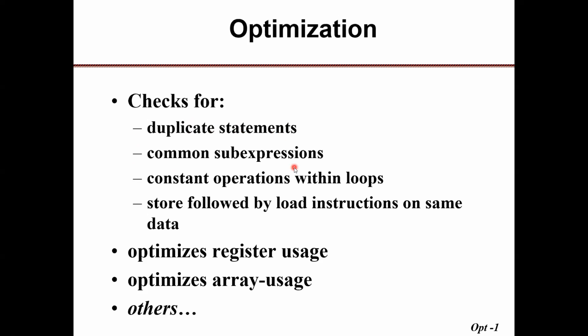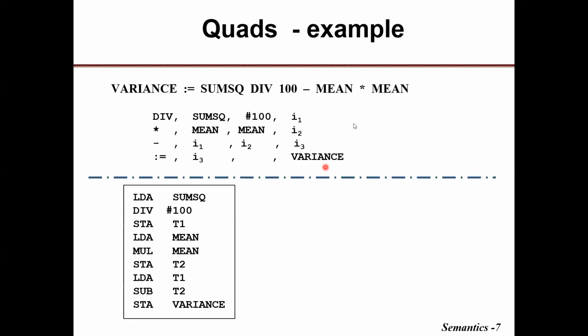Likewise with sub-expressions. By sub-expressions, I mean things like this could be a sub-expression. We might use it once here, but 40 lines of code later, we do that work again. Well, as you can see here, sum squared divided by 100 is stored in this temporary location I1. So where we use this sub-expression later on, we don't need to do this work again.